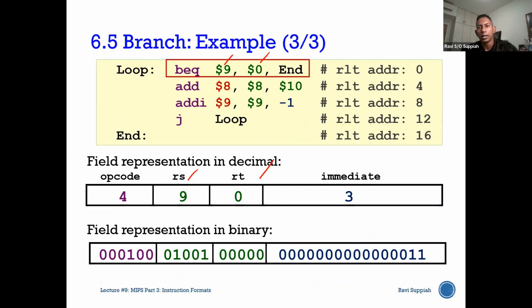Of course, when we are manually doing this translation to the actual binary or machine code, we have to do all this calculation, correct? But in the real scenario, the compiler will do everything for us.